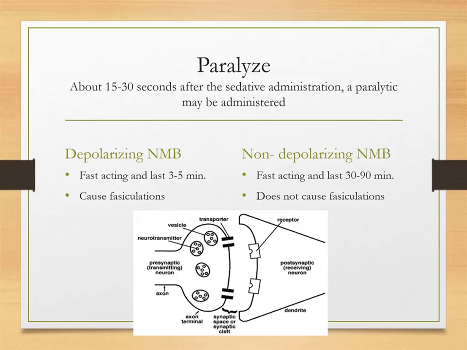A benefit of our depolarizing neuromuscular blocking agents is that our patient will actually begin breathing faster, but one of the disadvantages is the contraindications. And so we're going to talk about the contraindications of the depolarizing neuromuscular blockers.